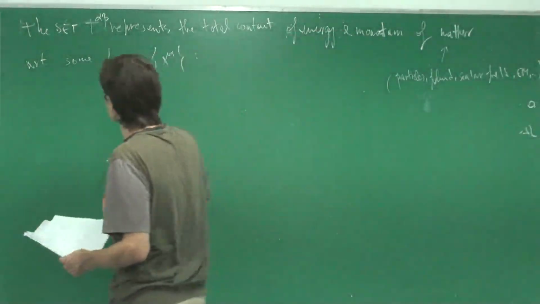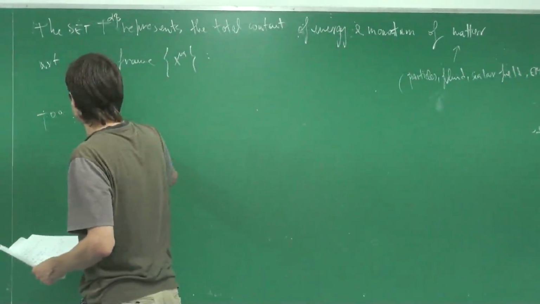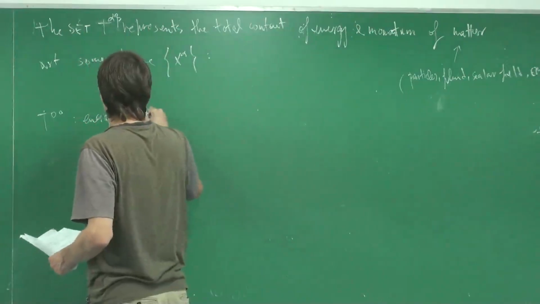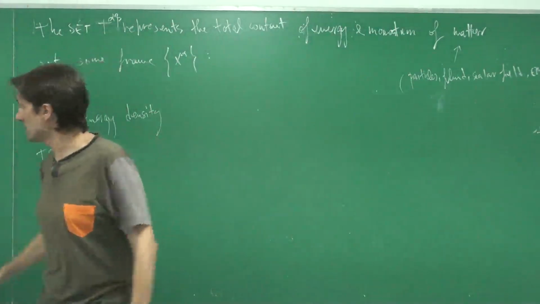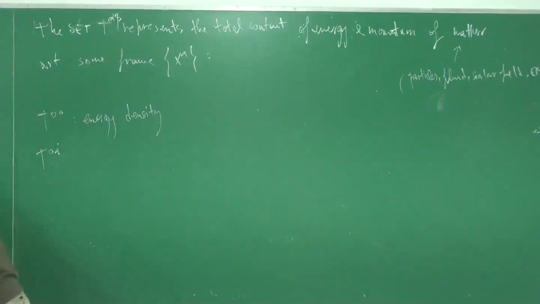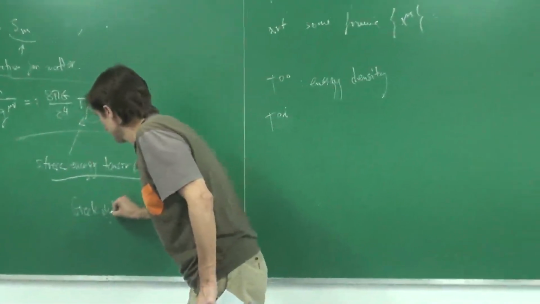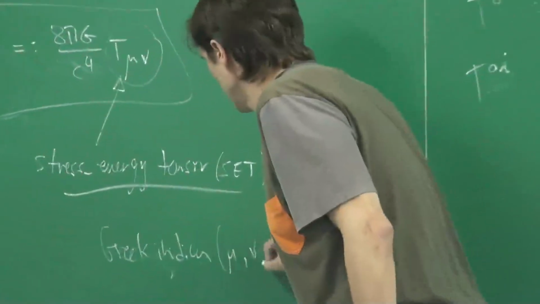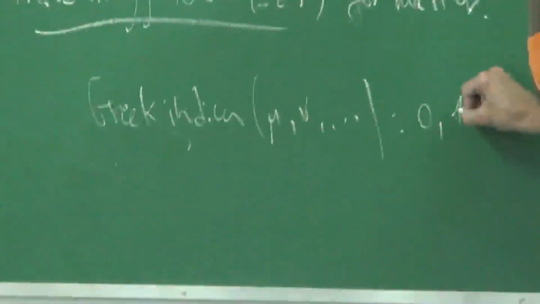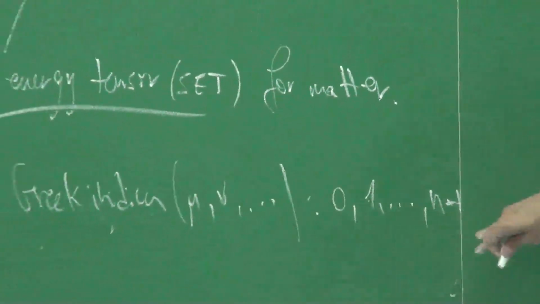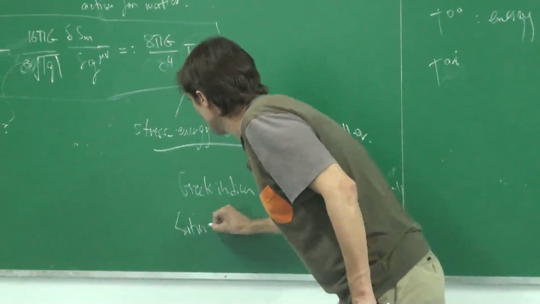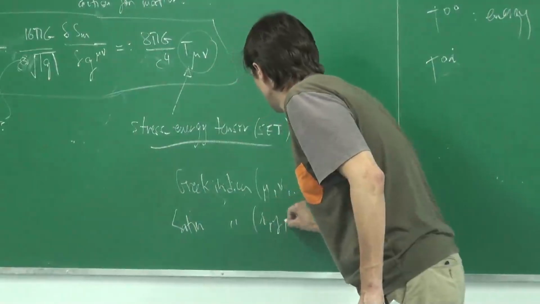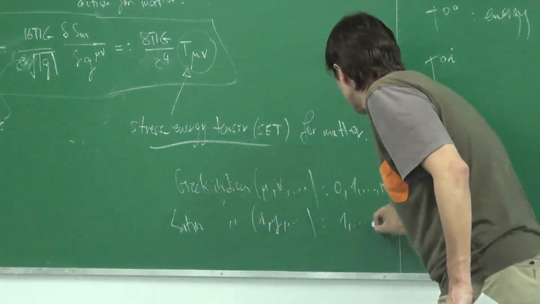Okay, so the different components. T00 is the energy density. So the standard notation is that Greek indices, like mu, and so on, go from 0 to cover the whole space-time dimensions, and Latin indices i, j, and so on, just take the spatial part.